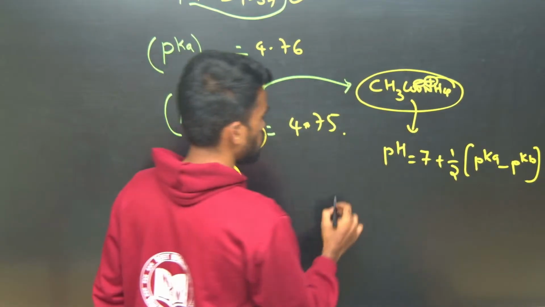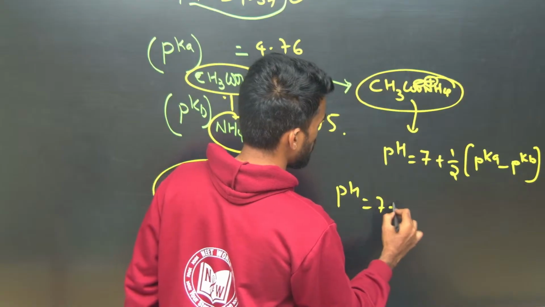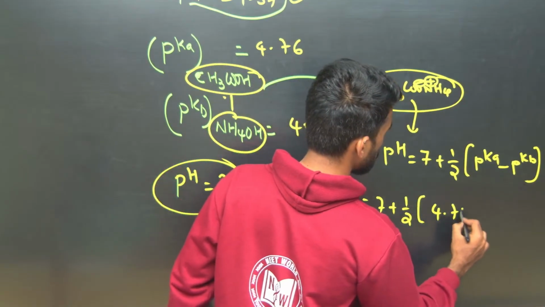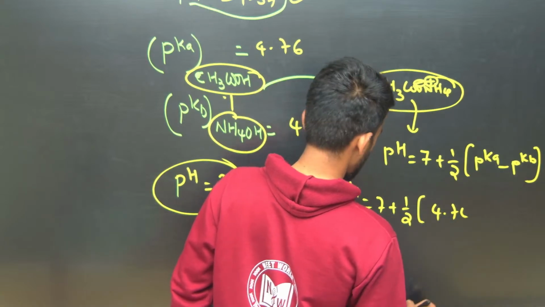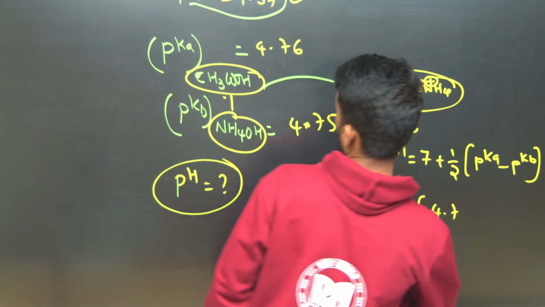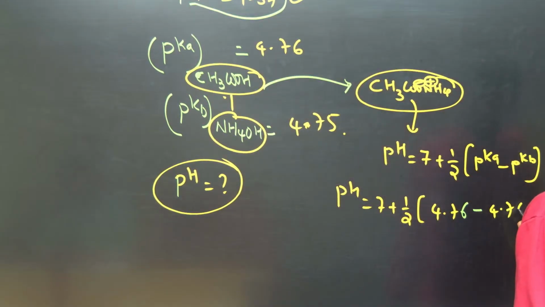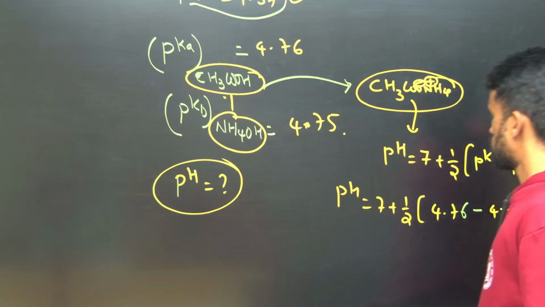So pH will be 7 plus half, 4.76 minus 4.75, which is 0.01.